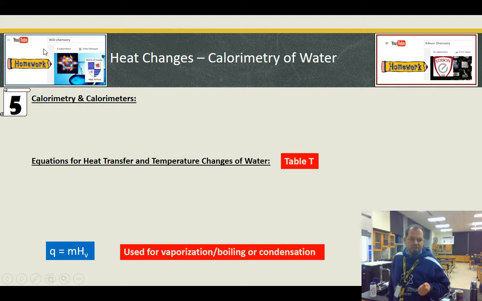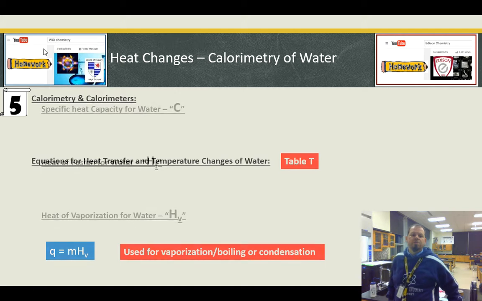And vaporization at least has the V, but here's where I'm going to use it for water at 100 degrees Celsius. If I'm just at 100 degrees Celsius, 1 temperature, H sub V. 0 degrees Celsius, 1 temperature, H sub F. 2 different temperatures because I'm changing temperature, delta T. That's the game. We're going to get some practice. You'll feel more confident once you do a few of these.